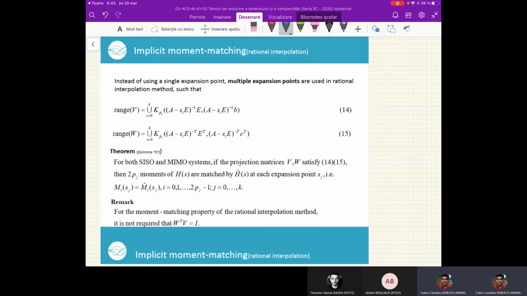Note that 14 is related to a generalized controllability matrix, and 15 is related to a generalized observability matrix. If you build these projections, you can indeed achieve moment matching or double moment matching at multiple points in the complex plane.